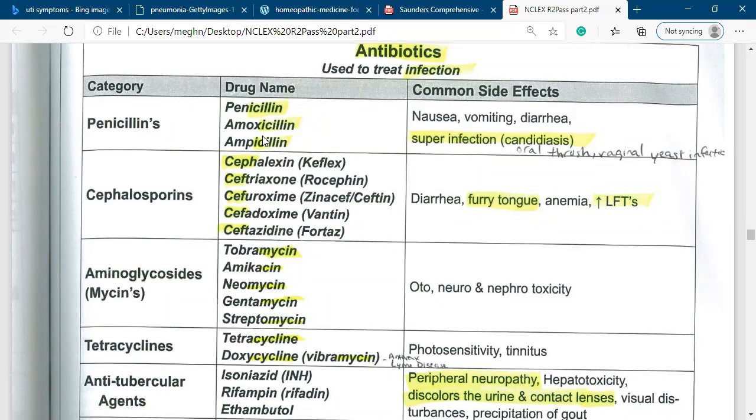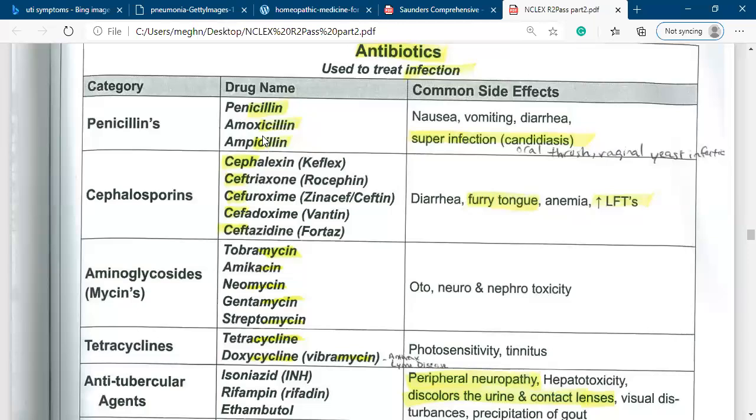If you give penicillin to your patient, educate your patient to take the medication for the full prescribed time. Like if your patient has to take penicillin for 7 days, or 14 days, make sure your patient takes the complete dose, because after 2 or 3 doses, or after 1 or 2 days, the signs and symptoms will disappear, and most patients stop the medication. But you should educate the patient to take the medication for the full prescribed length of time.